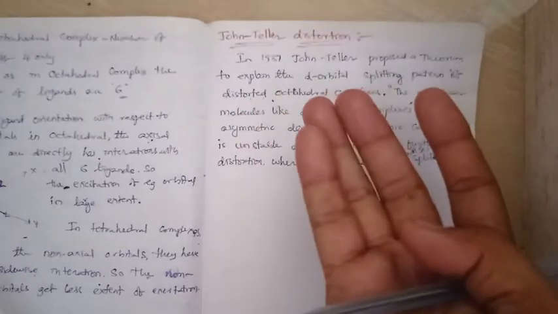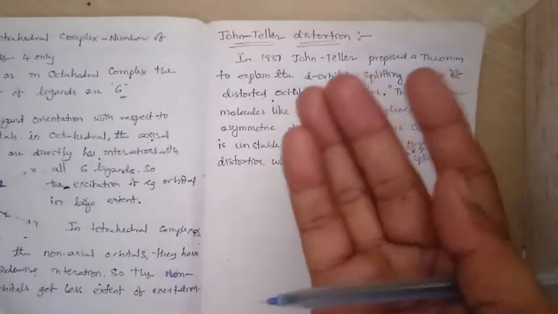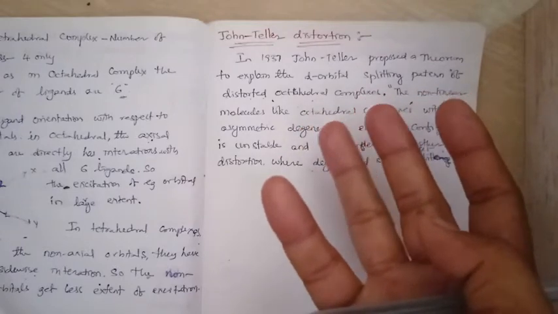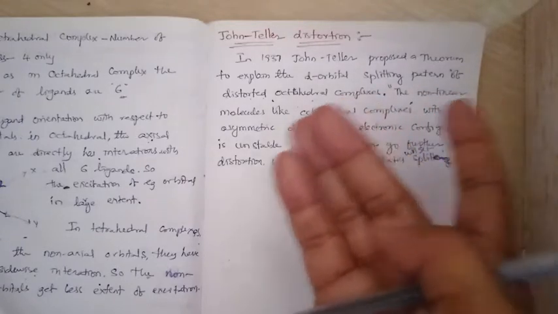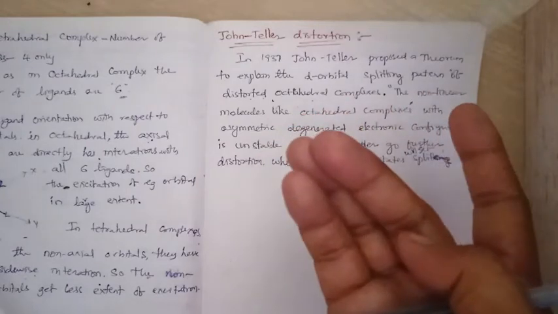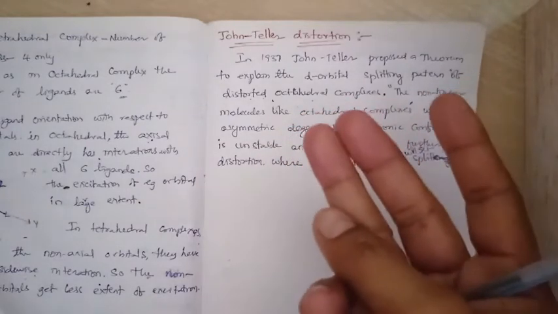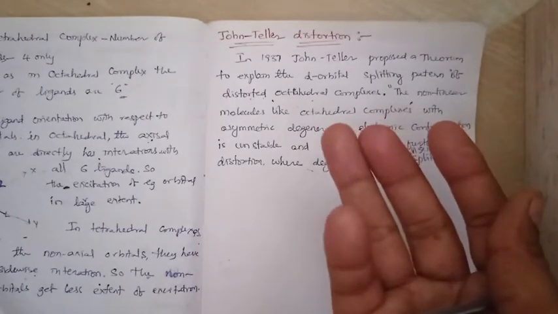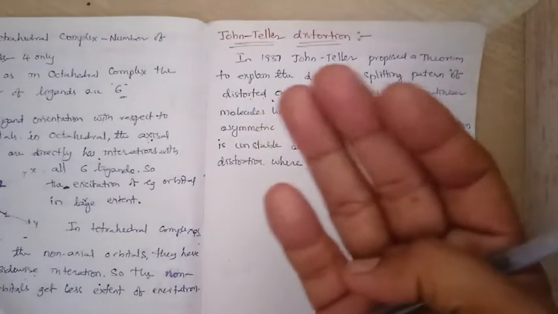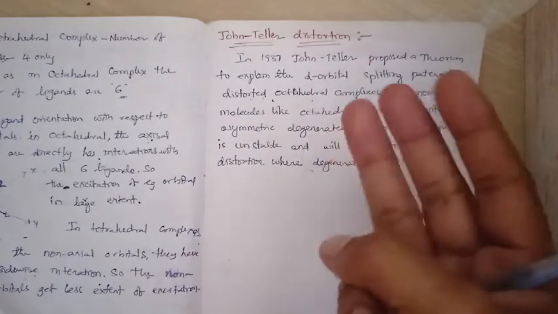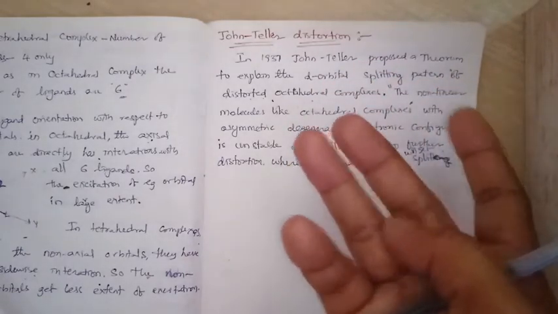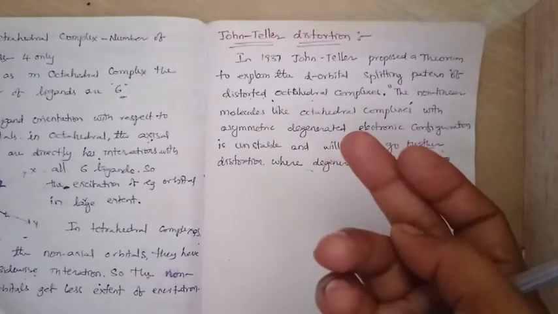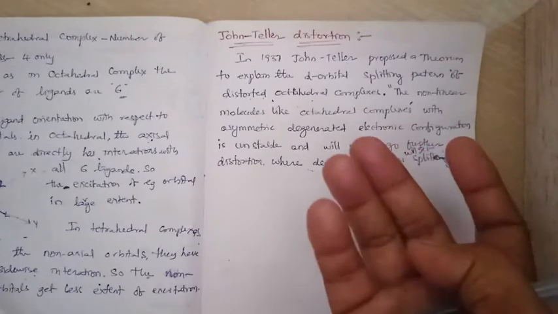If it is T2g2, two electrons are distributed in two of dxy, dyz, dzx, and the other one will be empty. So the T2g2 case also has unequal electronic distribution. When it comes to T2g3, it has all three electrons in all three orbitals: dxy has one electron, dyz has one electron, dzx has another electron.